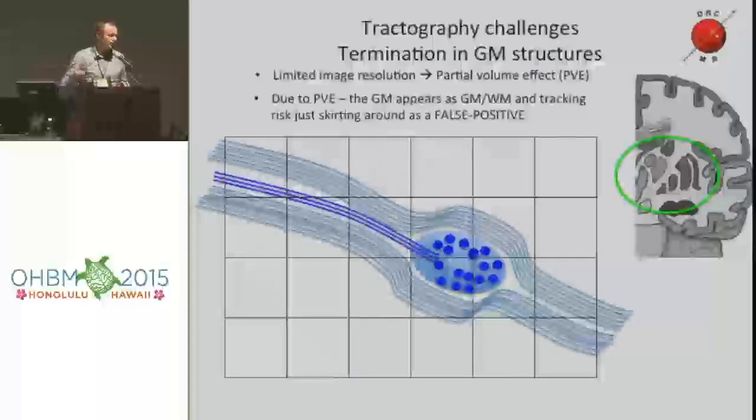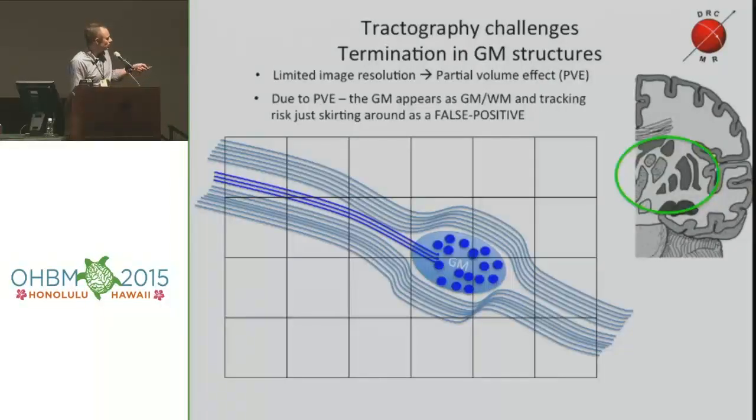So what can the problem actually be? The example could be that we have our image grid here, and then we have this smaller gray matter structure down here where there is low anisotropy. Then we have our true axons going in that direction and terminating down here. But because, as I said in the beginning, we have a really high density of axons in the brain, we of course have major pathways surrounding this projection that go around here and continue to other projection sites.